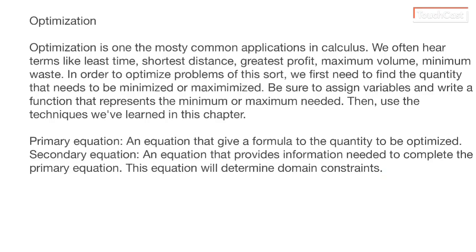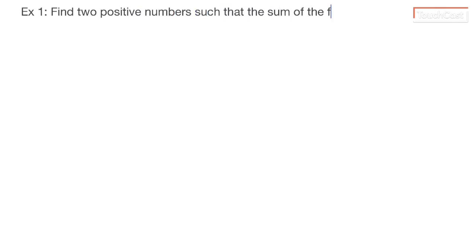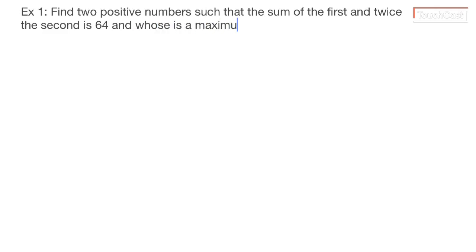So let's go into our first example. Example 1. We're going to find two positive numbers such that the sum of the first and twice the second number is 64, and whose product is a maximum.